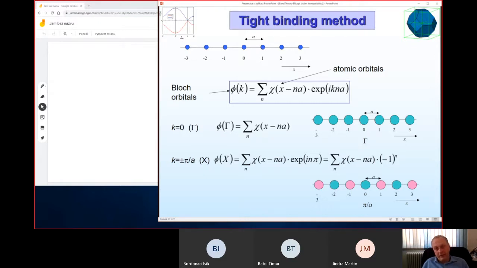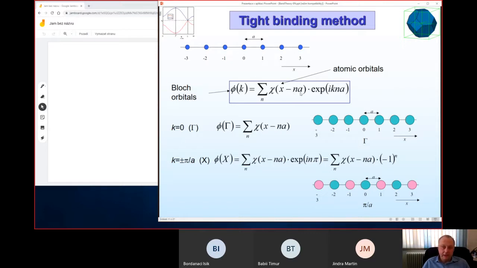And a Bloch orbital is in fact an analogy to an atomic orbital, and it is a sum over atomic orbitals centered at the individual sites. So in 1 dimension we have the atomic orbital sitting on the site which is indexed n. So the x coordinate is in fact referred to the position of a given atom in the crystal lattice.